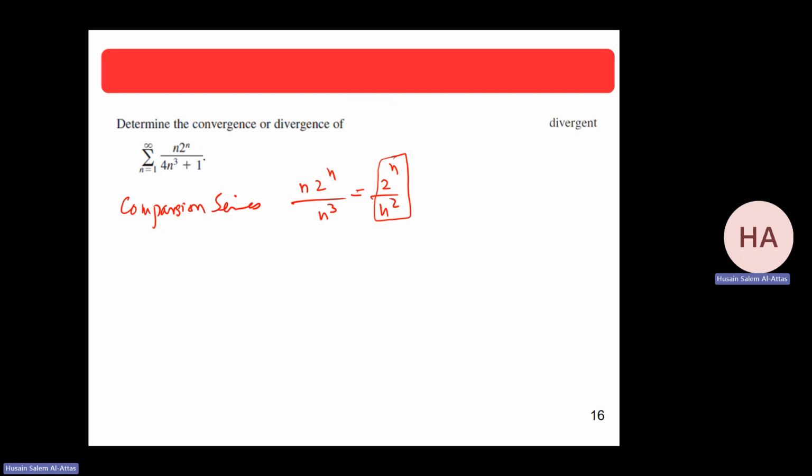Yeah, I need to be careful now. Yeah, this series, it will diverge by the nth term test for divergence. I'll check it now.